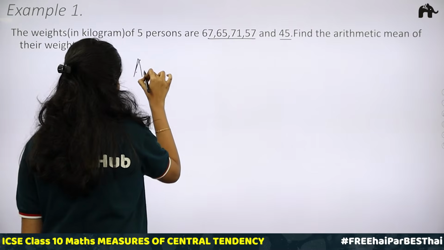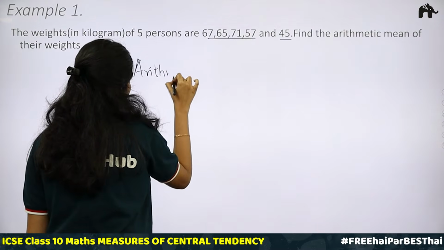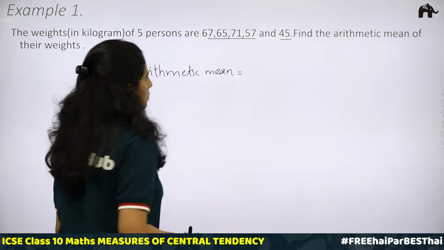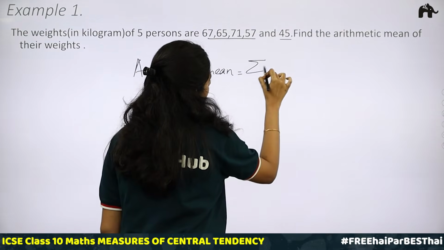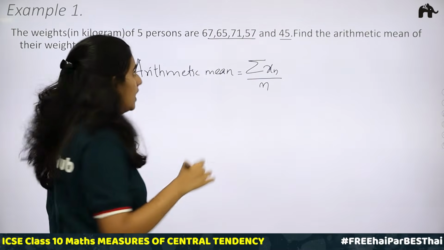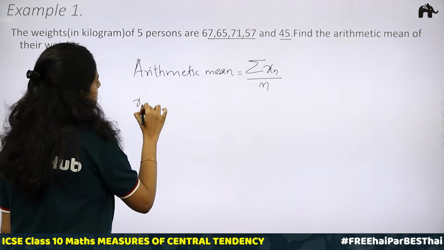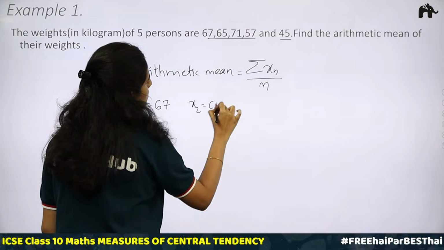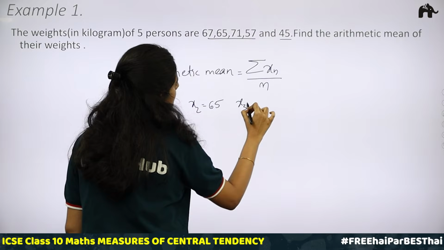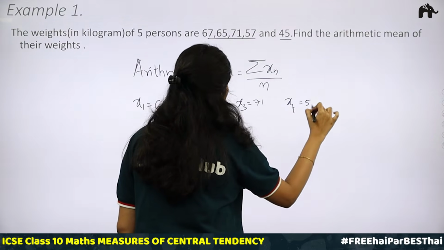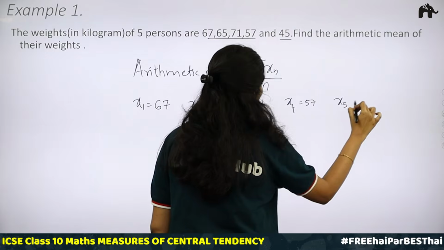Arithmetic mean is equal to, first write the formula. Arithmetic mean is equal to summation xn divided by n. Okay, here we have 5 values. x1 is equal to 67, x2 is equal to 65, x3 is equal to 71, x4 is equal to 57 and x5 is equal to 45.